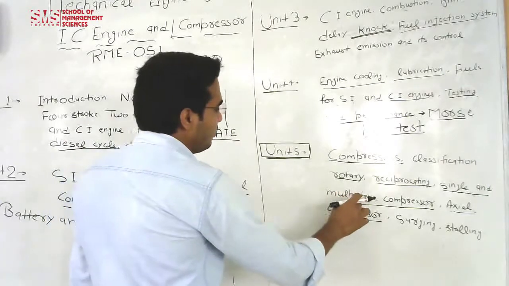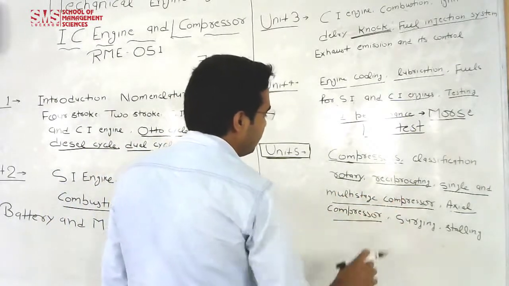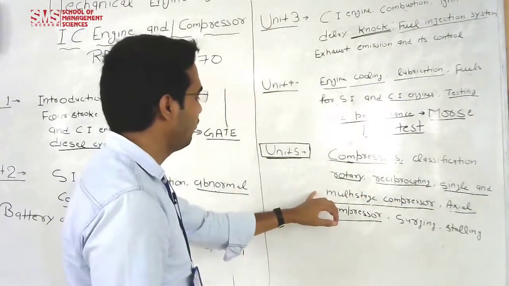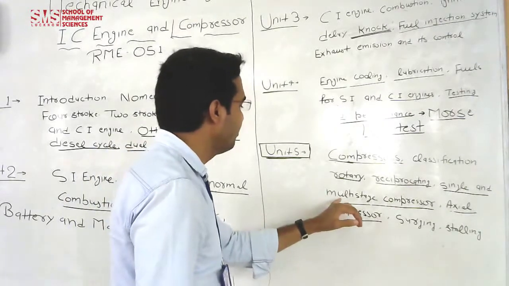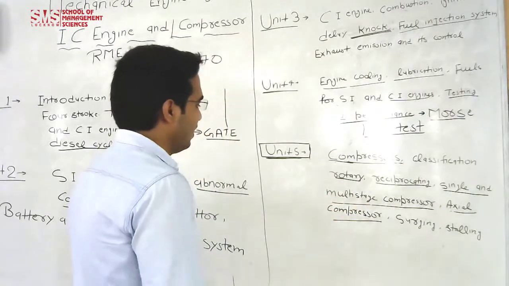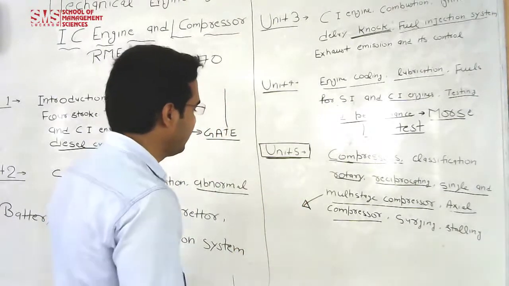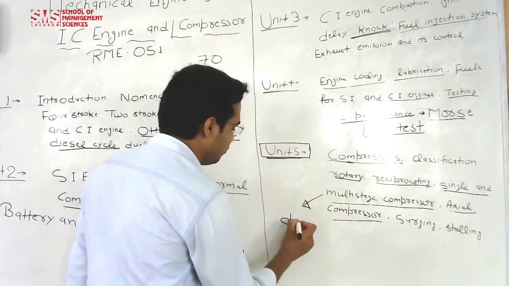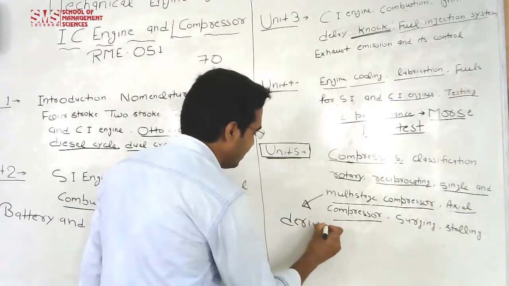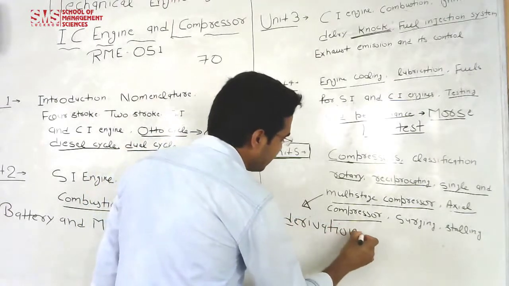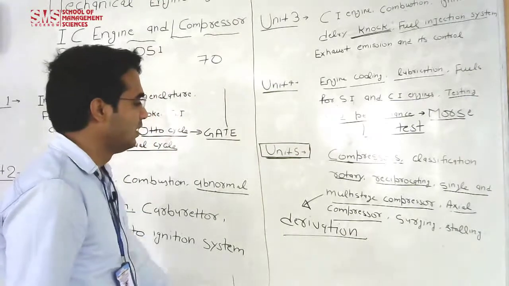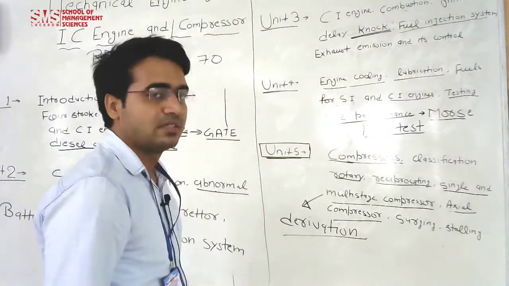In this topic you will study why we use multi-stage compressors and why we compress in more than one stage. Here you will also get a derivation, and this derivation is very important in your university examination.